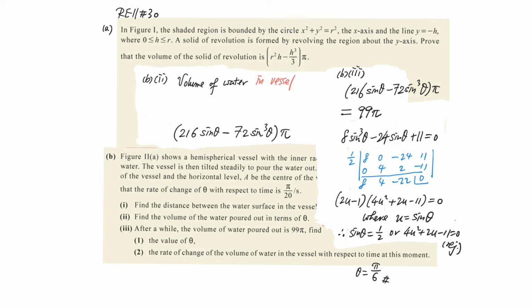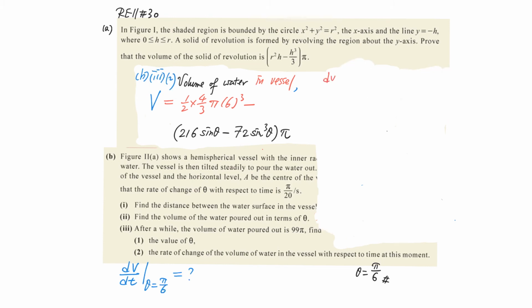So the volume in the vessel should be equal to the volume of the hemisphere, that means 1 over 2 times 4 over 3 pi r to the power 3, minus the volume of the water poured out. And I call it V. So we need to find dV/dt at theta equal to pi over 6.